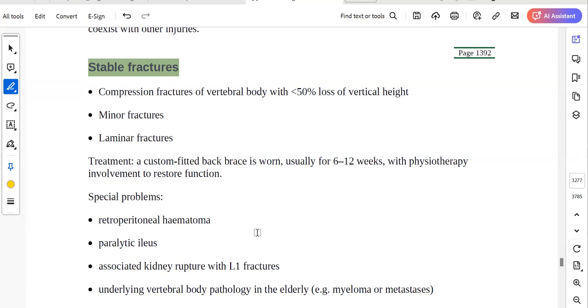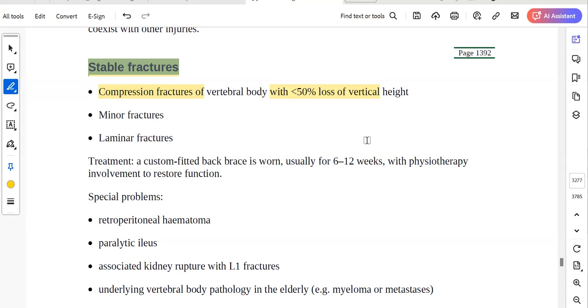So what are stable back fractures? Stable fracture means that the patient has got a compression fracture of the vertebra with less than 50% loss of their height. A compression fracture is one of the most important fractures that we need to rule out in a vertebral fracture.